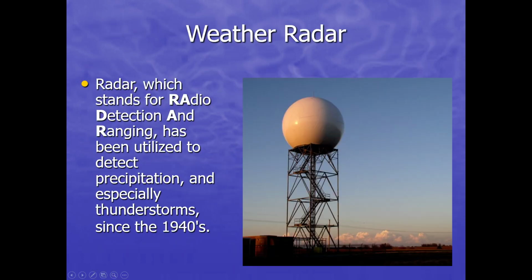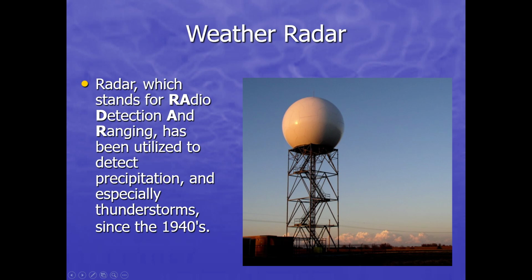Okay, so we'll start with really the first and arguably the most important for precipitation detection, at least, and that's weather radar. So if you've ever turned on the news and seen the greens and yellows and reds moving across the map, those are images of Doppler radar. And radar is actually an acronym for radio detection and ranging.